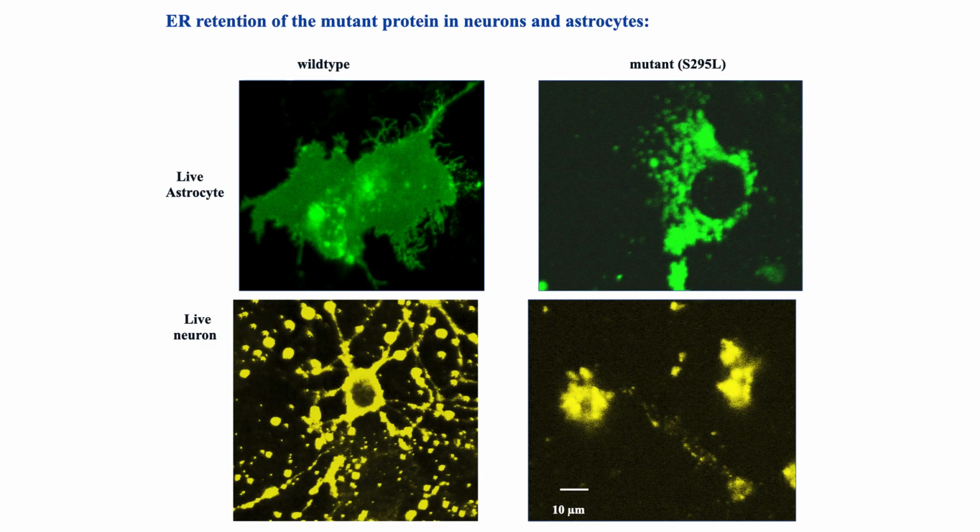The GABA A receptor is only expressed in neurons, but the GABA transporter is expressed in both neurons and astrocytes, so we look at both. This is in mouse, live cells. For the wild type, you see a very nice, even distribution of GAT1, which is tagged with OFP, in both astrocytes and neurons.